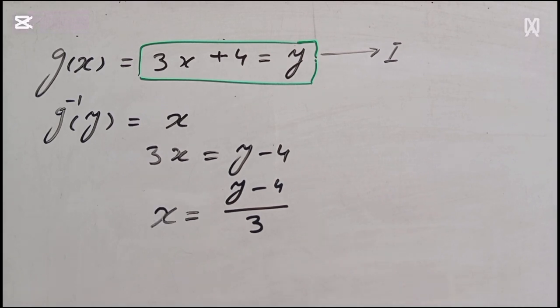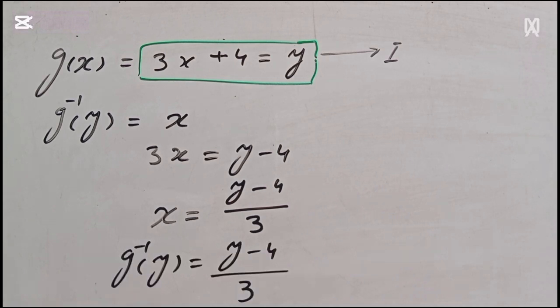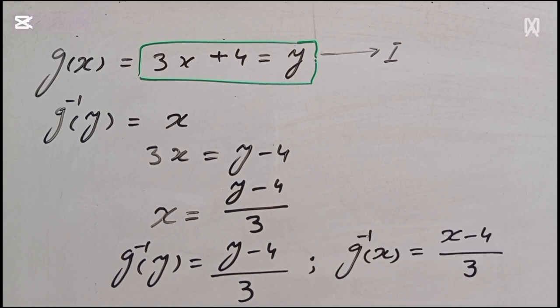In the second line we have written by ourselves that g inverse of y is equal to x. So it is justified to write g inverse at y equal to (y minus 4) by 3. Hence we are justified to say g inverse x equals (x minus 4) by 3.